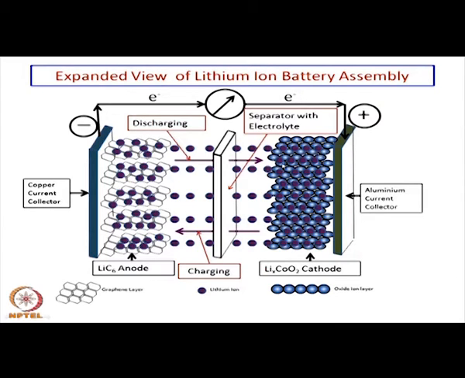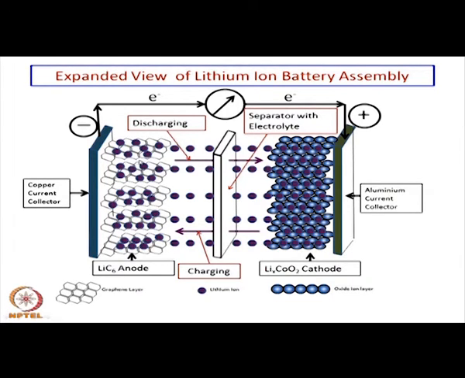I will show you some of the details, a little expanded view of this later on. In between the layers, lithium ion can go in and sit there, so there will be an electronic exchange. During the discharge, lithium ion from the anode goes to the cathode side.